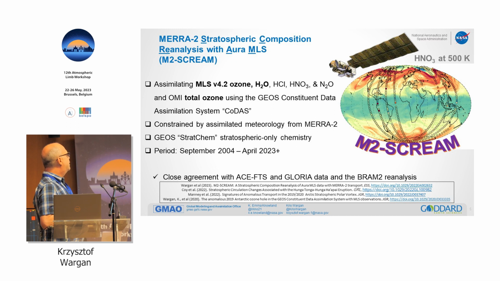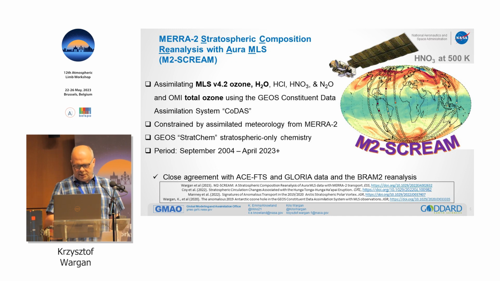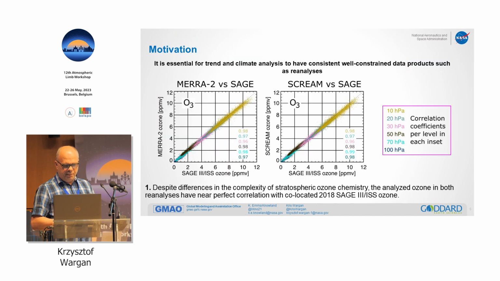It uses a full stratospheric chemistry model called StratChem, and it covers the entire MLS period from 2004 to more or less present-ish. And it's validated. There's already a few papers that use this product. So that's MERRA-2 SCREAM.